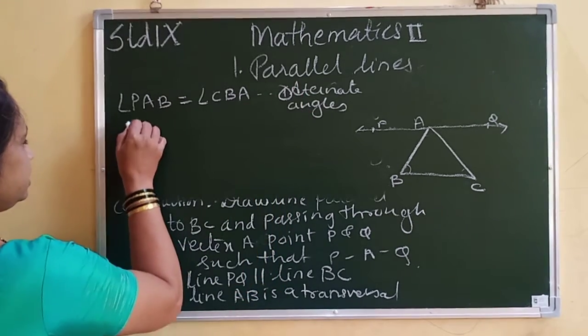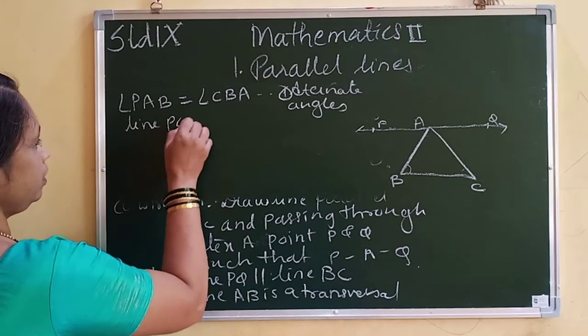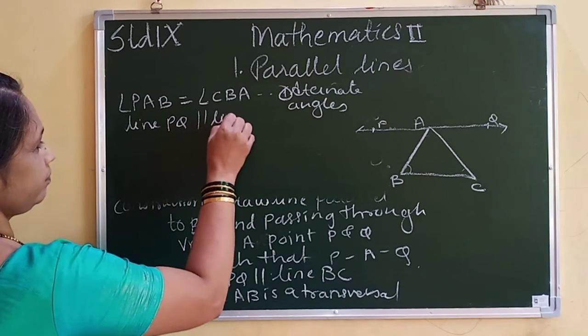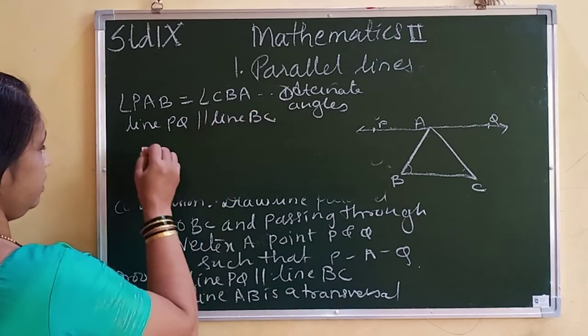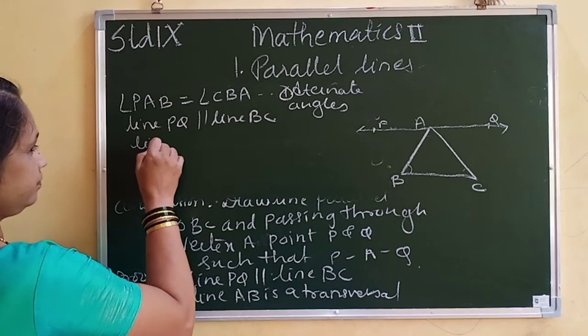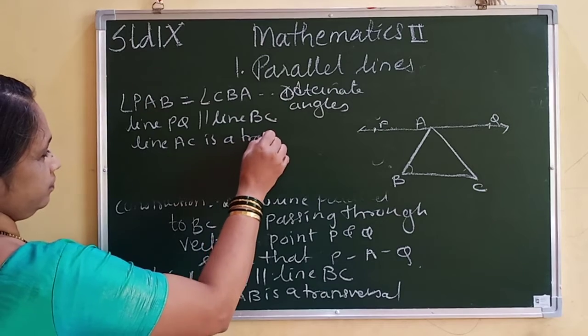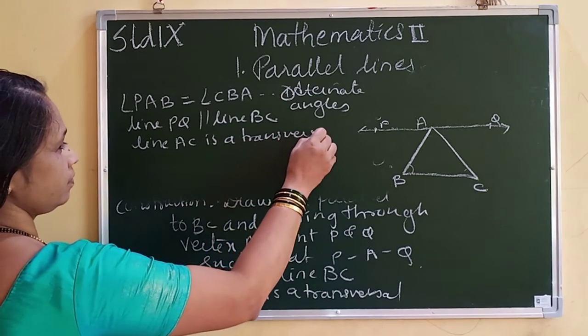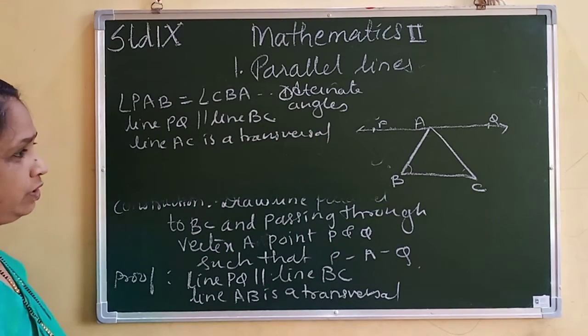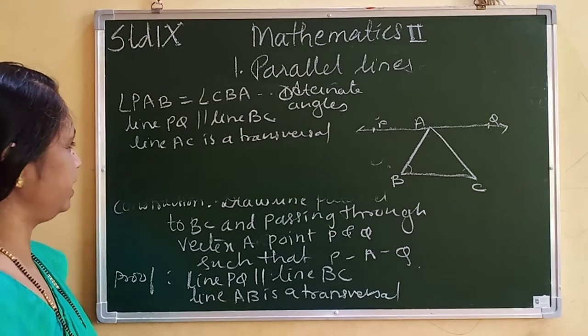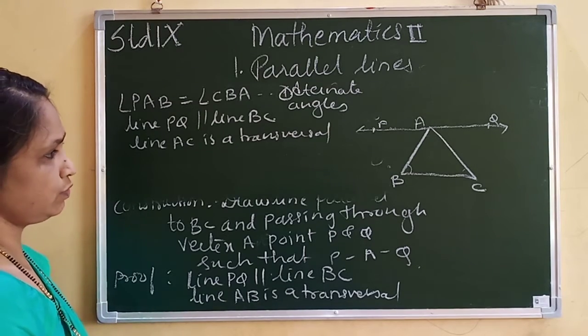Second, we consider line PQ parallel to line BC and line AC as a transversal.